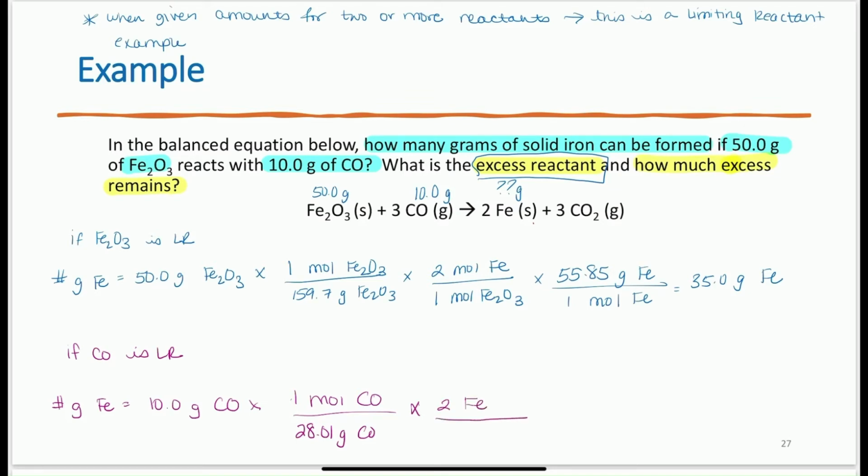I'm producing 2 moles of iron for every 3 moles of carbon monoxide reacted. Now convert that to grams of iron. 55.85 grams per mole is the atomic weight of iron. And this gives me 13.3 grams of iron.